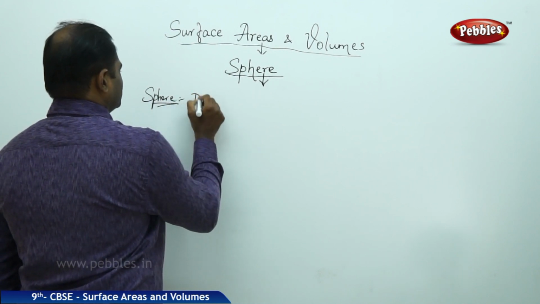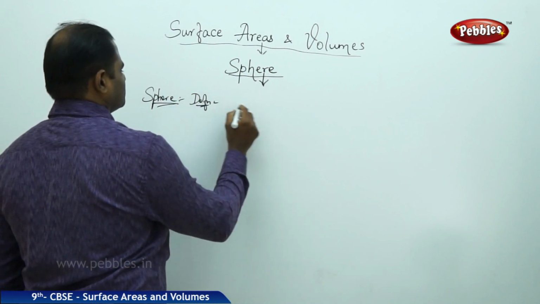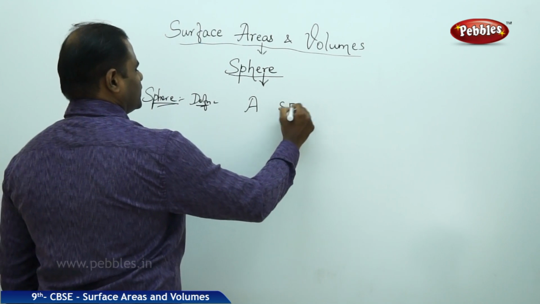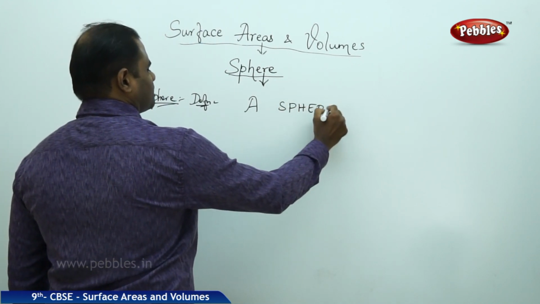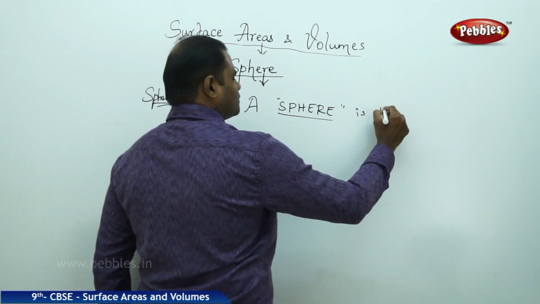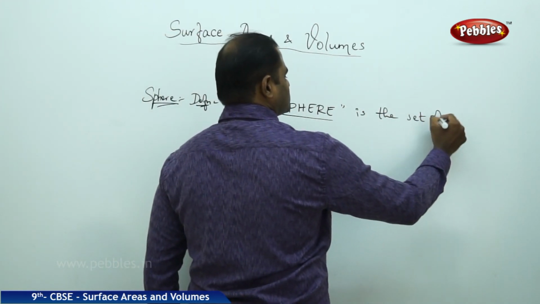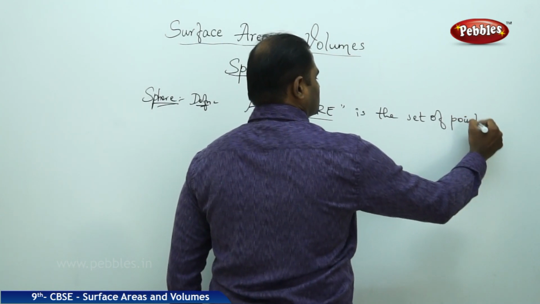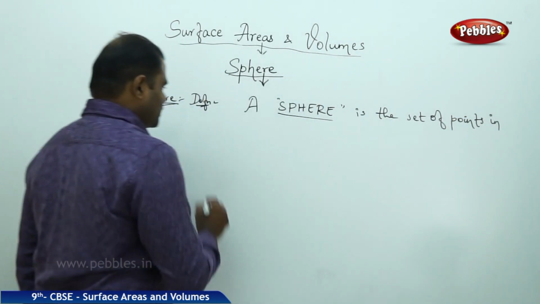Sphere, with its definition. A sphere is the set of points in space.